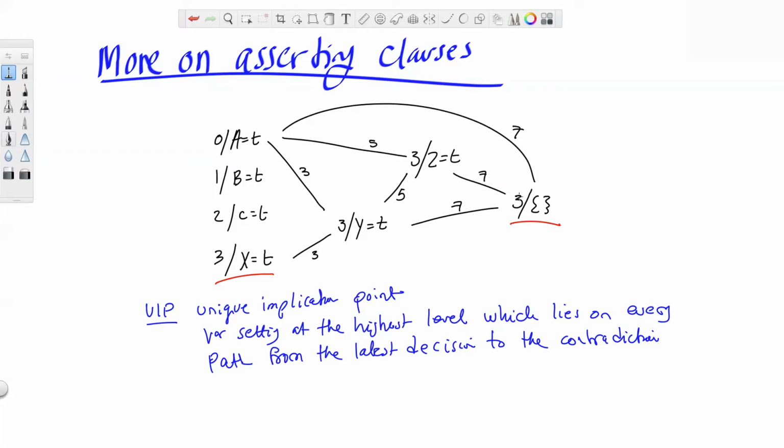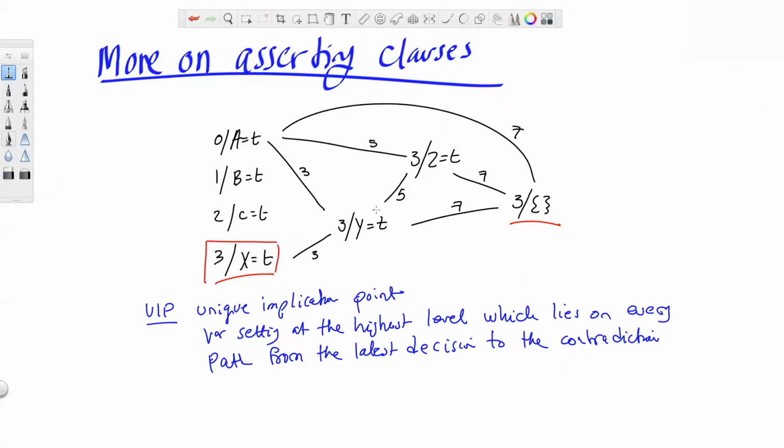The two candidates here for UIP are, what are the candidates for UIP, right? So I'm looking at a variable setting at the last decision level. So it's this, or that, okay? And which one of these three is a UIP? Is this a UIP? Again, it's a variable setting at the highest level, which lies on every path from the latest decision to the contradiction. So this is basically, in a trivial way, a UIP, okay?